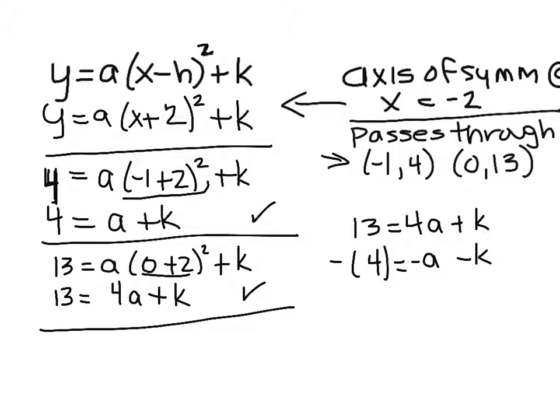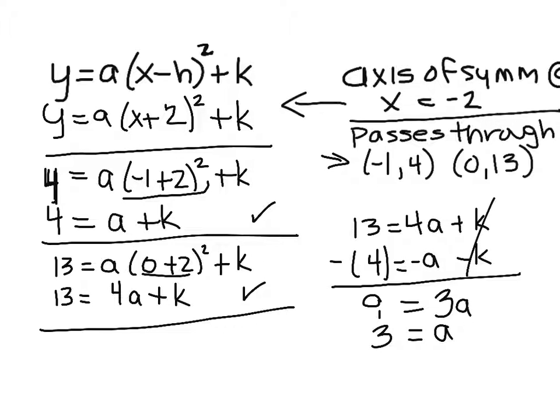I'm going to multiply all of my terms in the second equation by negative 1 so they cancel out, which is the whole point. So 9 equals 3a. So a is equal to 3, and when I plug that back into 4 equals 3 plus k, I get k equals 1.